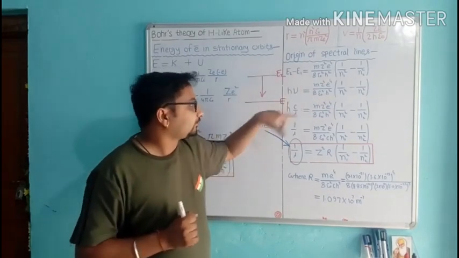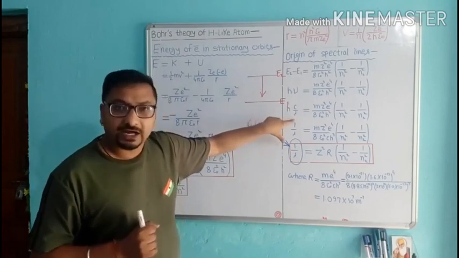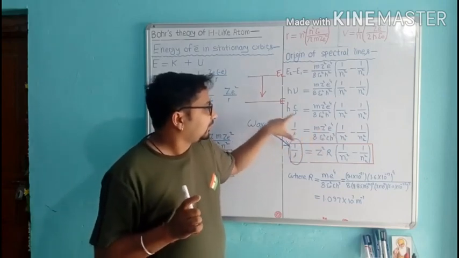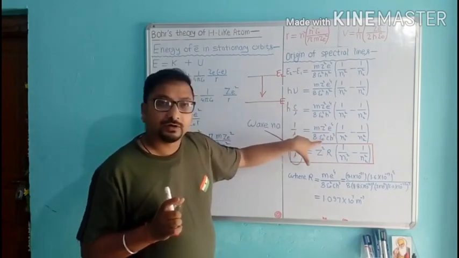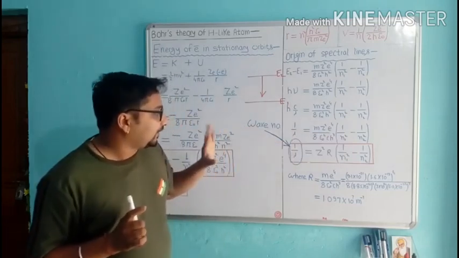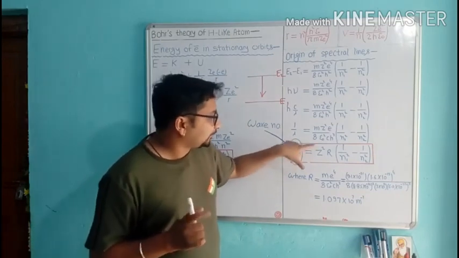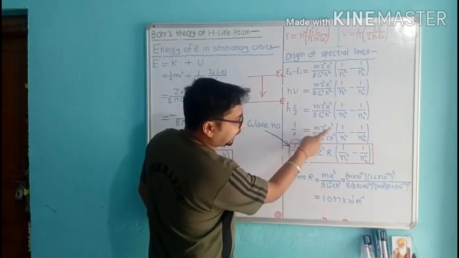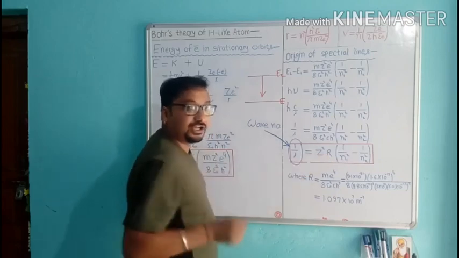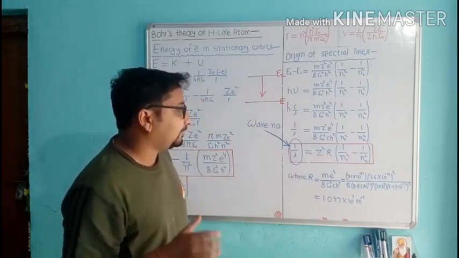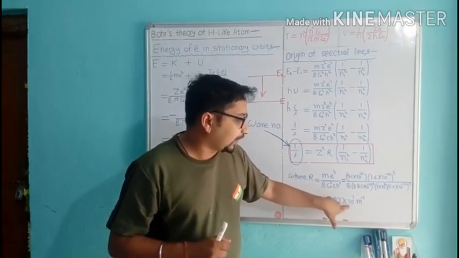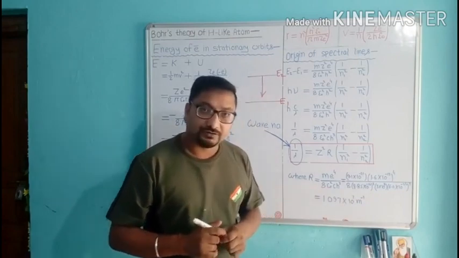Nu is equal to c upon lambda, and 1 upon lambda is equal to m e to the power 4 upon 8 epsilon naught square c h cube, which we replace by R. Here R is the Rydberg constant, and its value is 1.097 into 10 to the power 7 meter inverse.